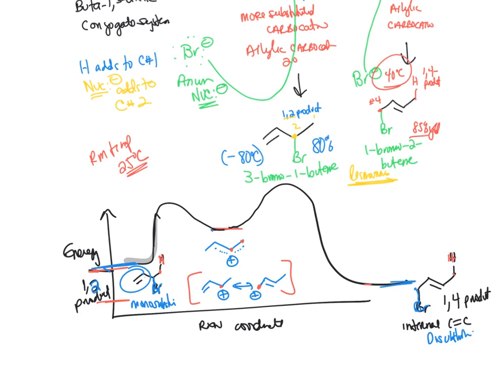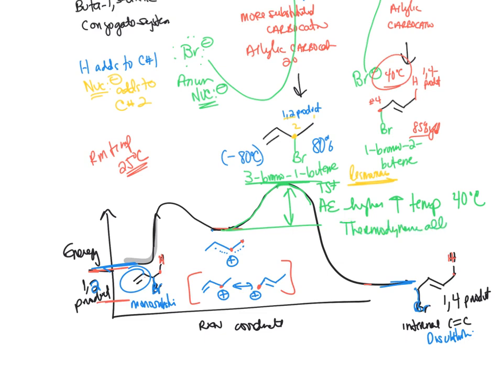Now, how do you use temperature to control this? Well, this has a higher energy. This is your transition state, and it has a higher activation energy. How do you get something to go higher? You increase the temperature. If you increase it to 40 degrees Celsius, this will be thermodynamically controlled, so you'll get your more stable thermodynamic product.